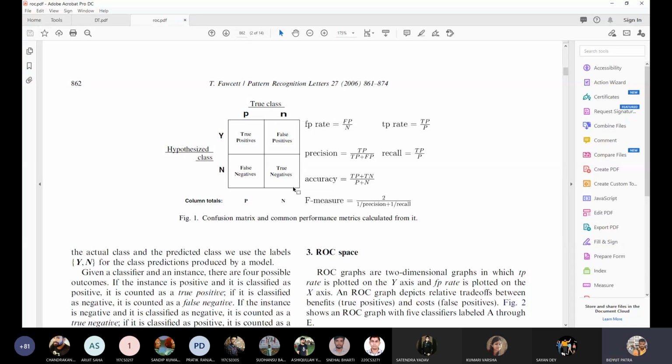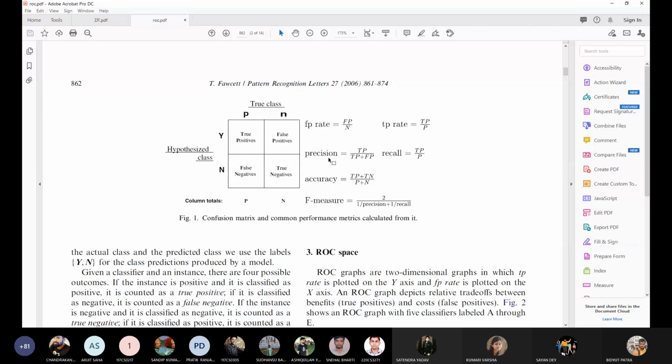This diagram is exactly the same as I showed you, but one can do it the other way around. True classes can be represented row-wise, and predicted classes column-wise. In that case, the two main diagonal entries remain the same, and only the off-diagonal entries are exchanged. So now we assume true classes are on the column, this is the positive class, this is the negative class, and this is the predicted class.